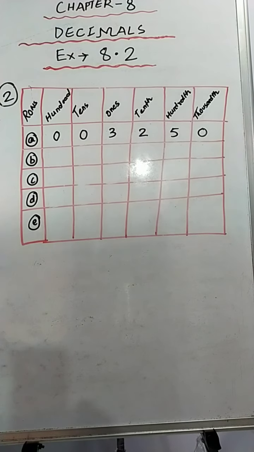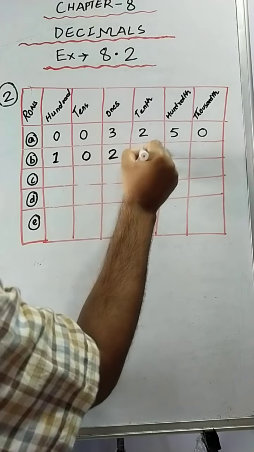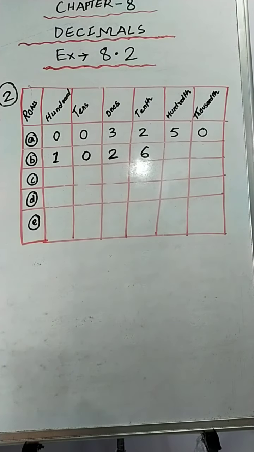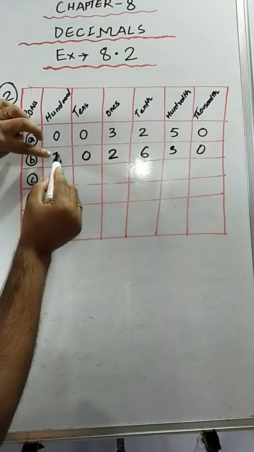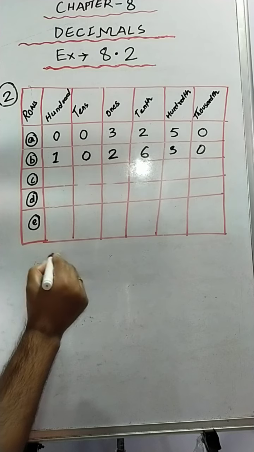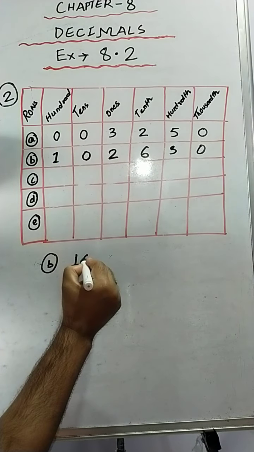So number B is what? 1026 and 30 is given. So this time we have 1 hundred, so for number B we write 1. How many tens do we have? 0 tens.